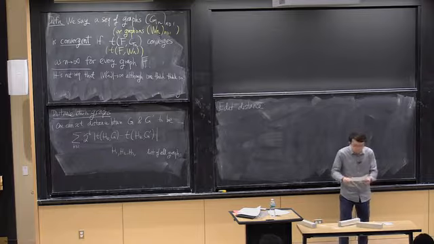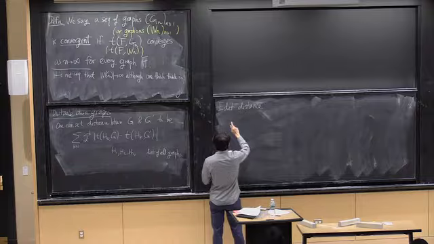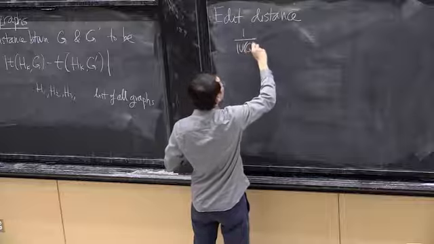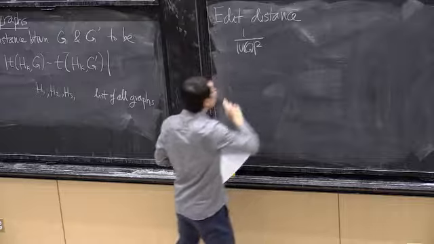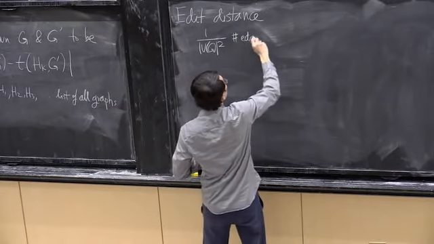And here's the reason. By edit distance, I mean 1 over the number of vertices squared times the number of edge changes needed.